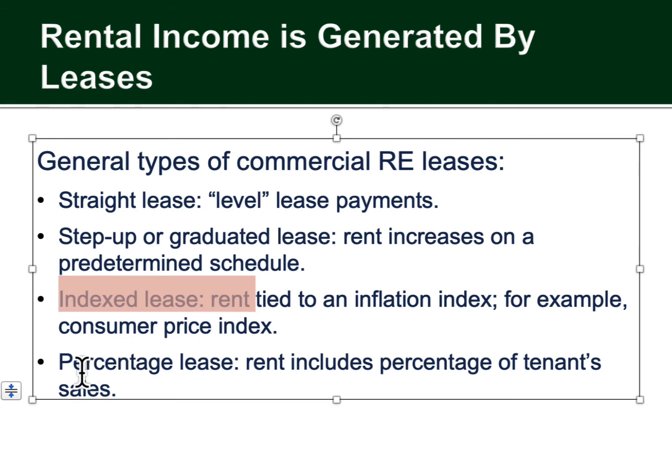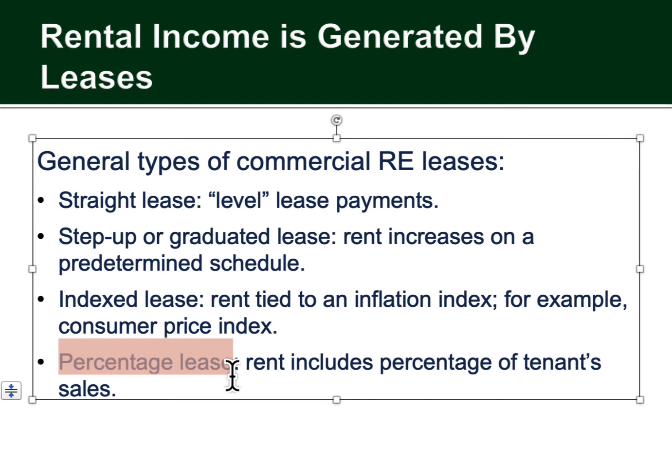And then finally, you have a percentage lease, which you tend to see mostly in shopping malls or small street-level retail. So here you have a component of rent, which is called a base rent, which is basically just fixed normal monthly rent. And then you have another component which varies according to the sales figure of the tenant.